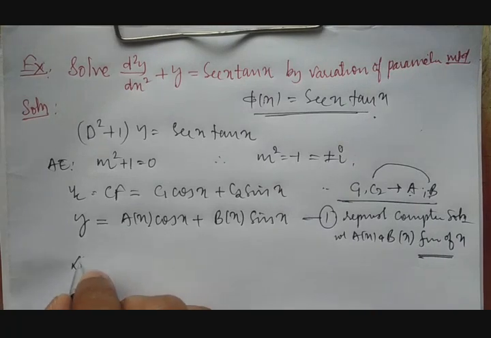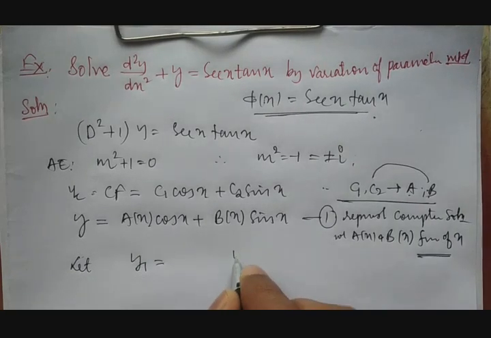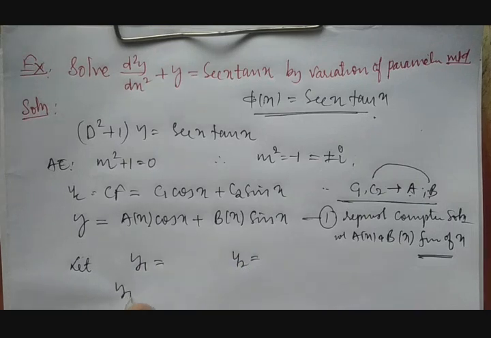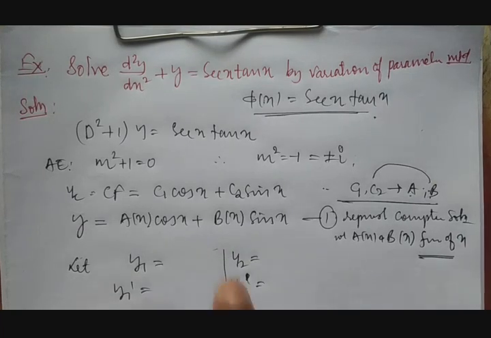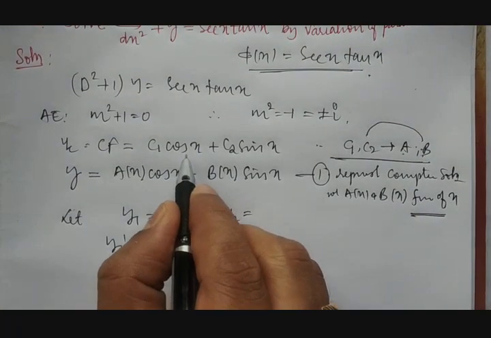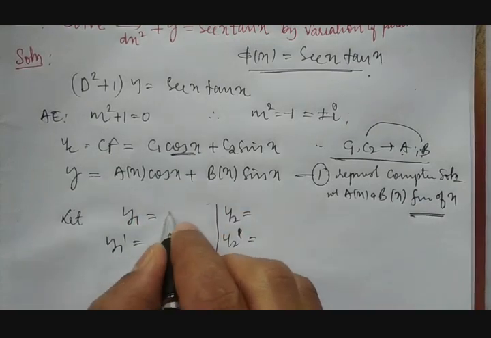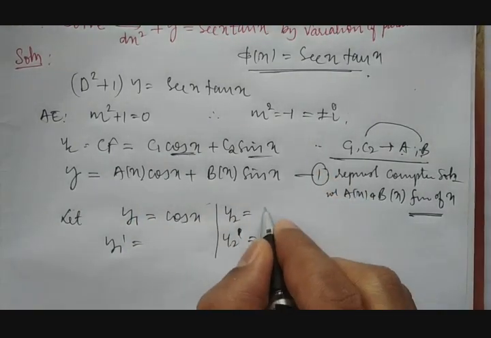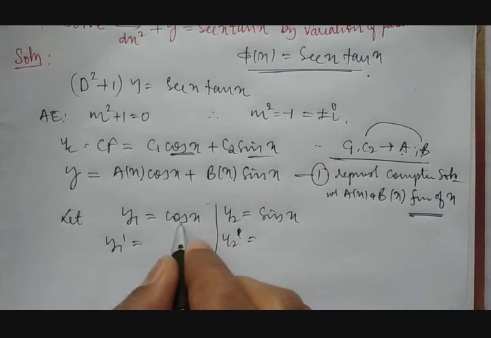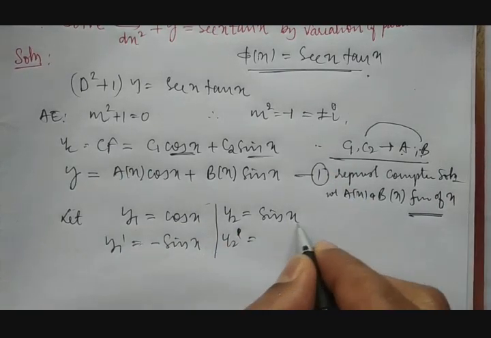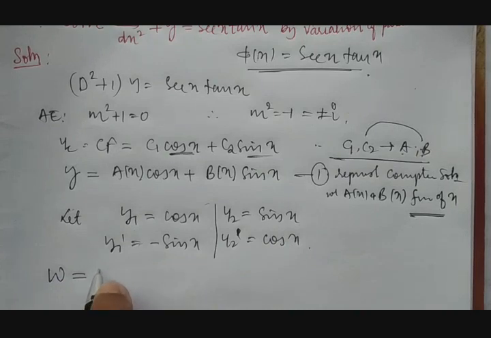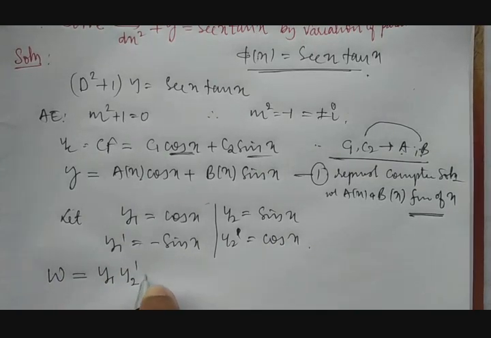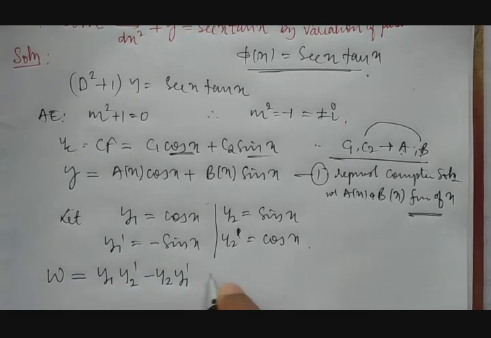For that, what is required? y1, y2, y1 dash, y2 dash are required. So let us take y1 is nothing but cos x, y2 is nothing but sin x. Therefore differentiation of cos x is minus sin x and differentiation of sin x is cos x. Therefore W can be calculated by using the formula y1 into y2 dash minus y2 into y1 dash.